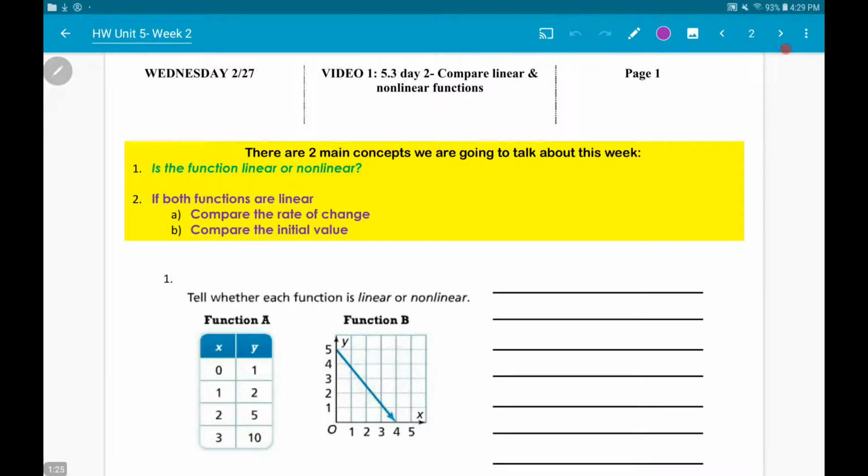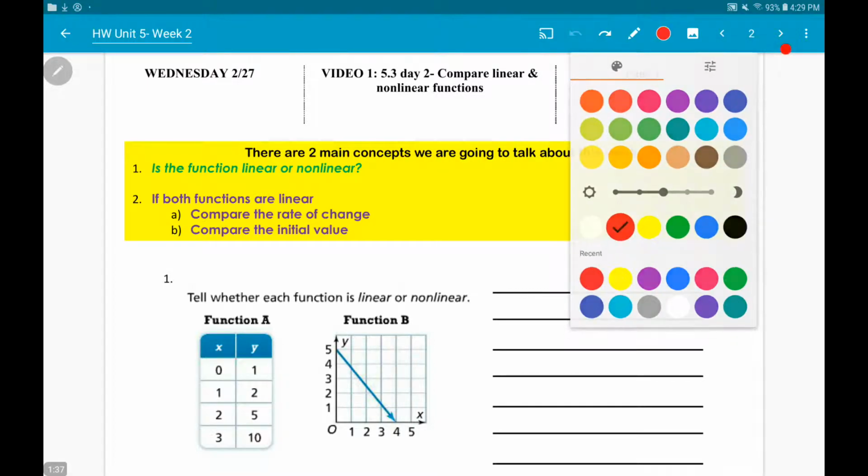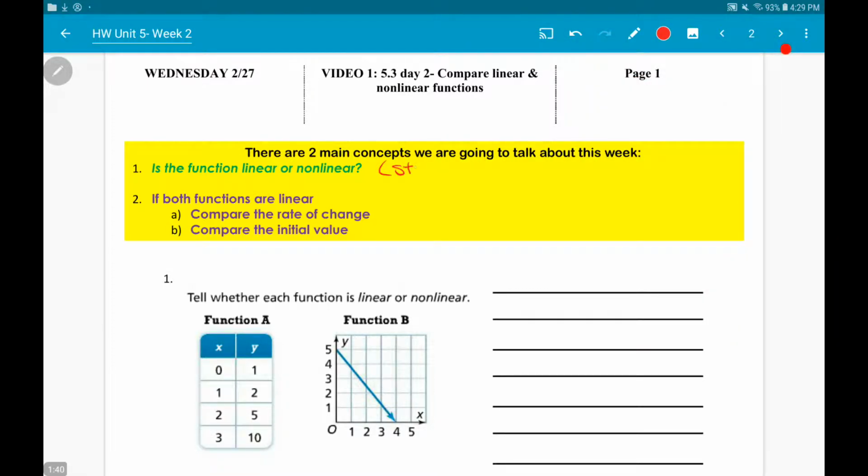Okay, so this video is due Wednesday. It is on comparing linear and nonlinear functions. So there are two main concepts we're going to talk about this week. This first one, we started before, let me change my pen color. We started before break. All right, so this will be a recap.